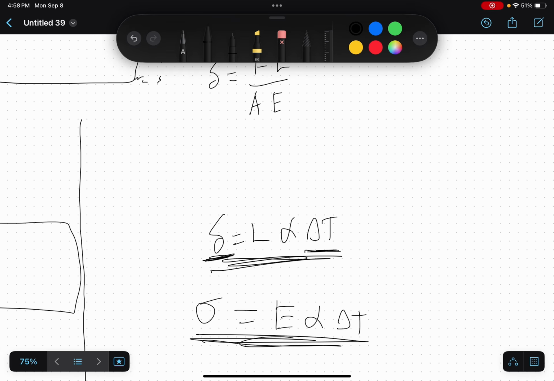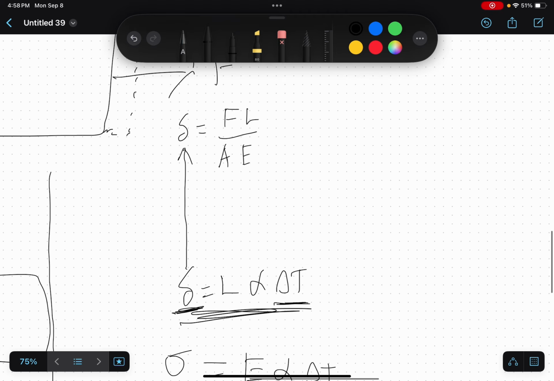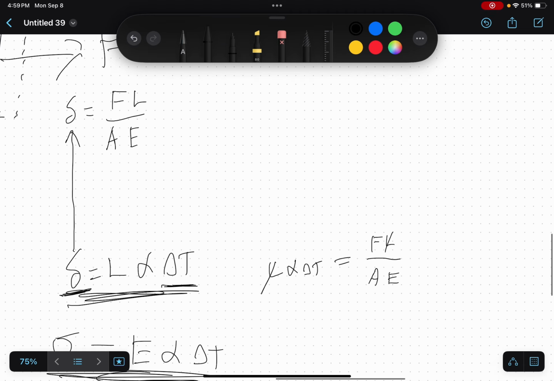So what you would do is you would plug this into here. So let's do that. When you do that, you get L alpha delta T equals FL over AE. L's cancel out.